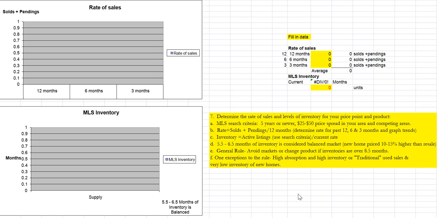However, there are virtually zero new homes, and so we were able to go in there, and because there's a high absorption rate of roughly 3 or 4 homes a month, we figured that we can do better design, better advertising, better sales process, and we can compete with these used homes even though there's a high inventory level. Now, here's the key: your lots have got to be priced correctly.